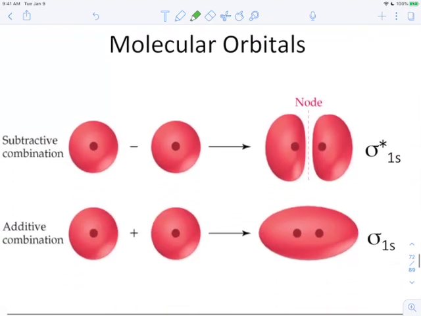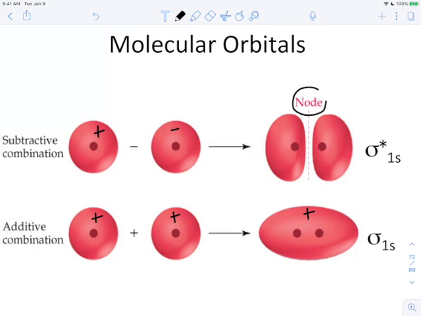All right. So here's an idea of what these look like. And I mentioned additive and subtractive combinations once before when we were doing our hybrid orbitals. And I mentioned that they come from the idea that the wave function has signs, not charges, but signs. And if those signs are the same, they add together, everything goes well, we get nice bonding electrons. However, if they are of different sign, when we combine them, we actually get a node in the middle.